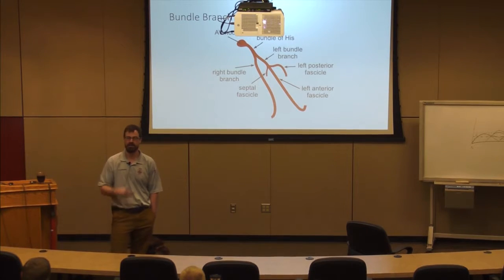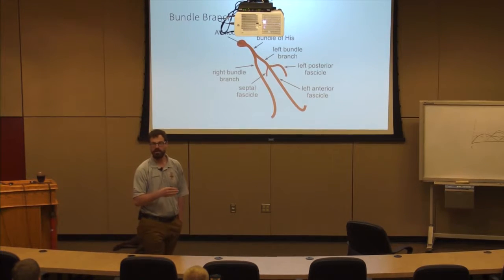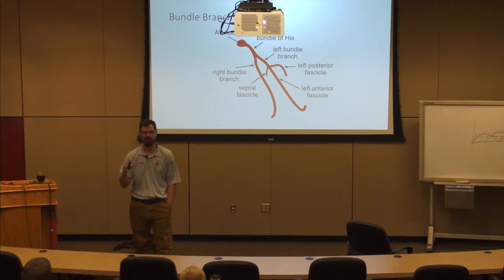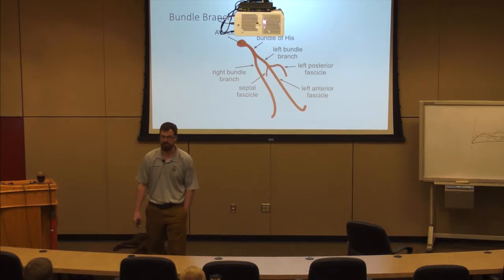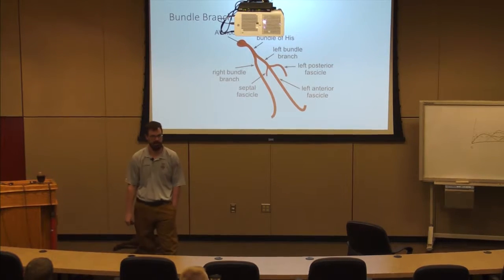I've got a diseased pathway, so I have slow depolarization of one ventricle and consequently a wide QRS. When I deal with sodium channel disorders, or tricyclics specifically, I get a bizarre wide QRS complex. Or with hyperkalemia, I end up with a wide complex rhythm when it's really bad.